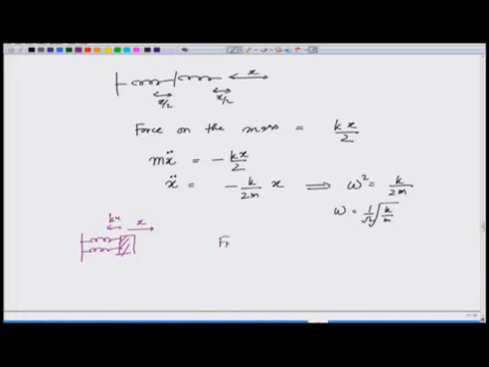So, F net in this case is going to be 2 k x, and therefore, m x double dot is going to be minus 2 k x, or x double dot is equal to minus 2k over m x, and therefore, omega is square root of 2k over m, or root 2 times square root of k over m. So, omega in this case goes up compared to a single spring by a factor of root 2.